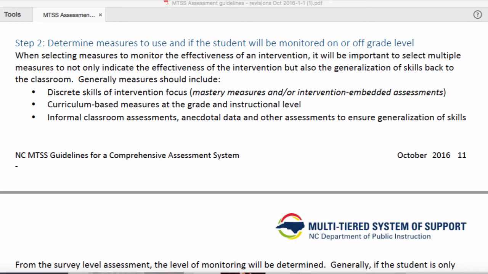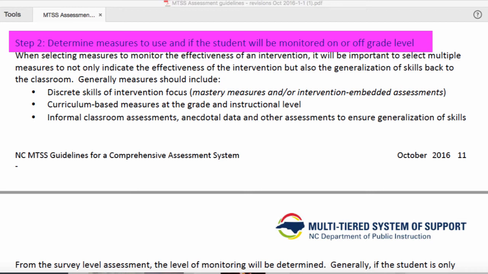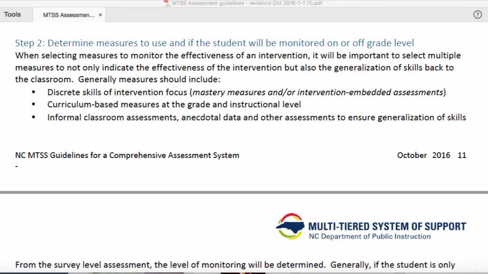Okay, so now that we found what that current level of performance is for our student, let's go into selecting the measures we're going to use to measure progress. Again, we're going to select multiple measures to determine response, effectiveness, and also whether students are generalizing skills back to the classroom.